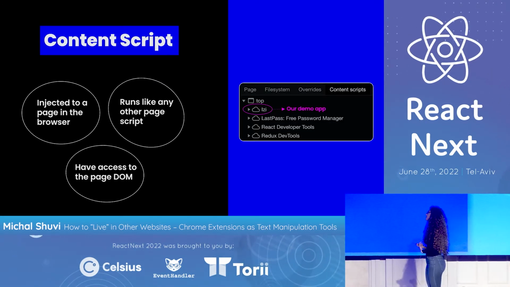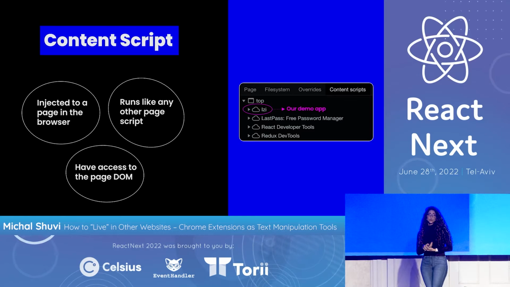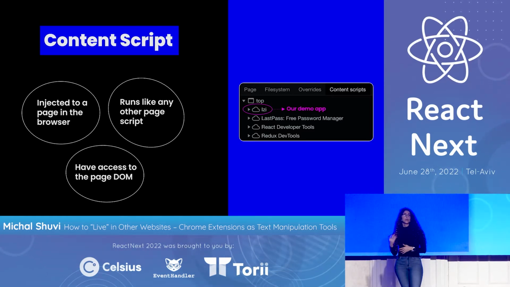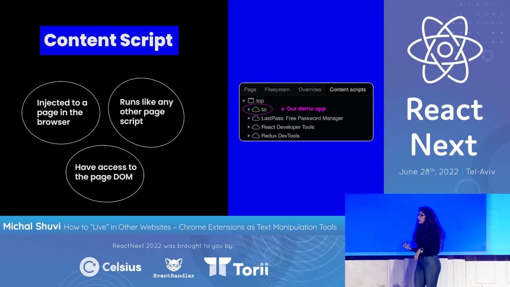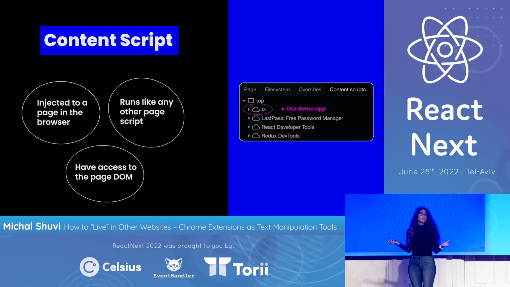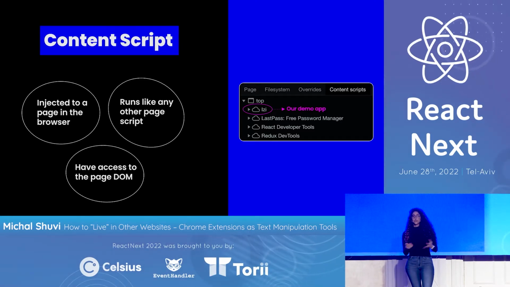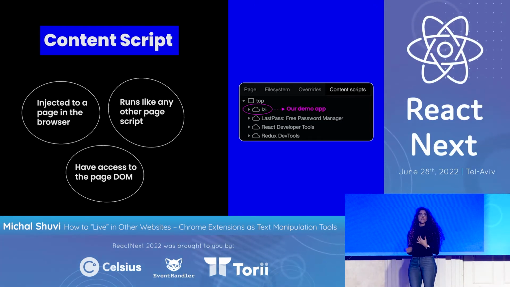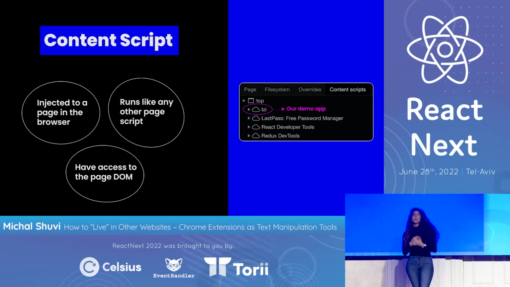So the content script. It's JavaScript code that we can inject into any page the browser loads. These scripts run like any other script the web page has. And it can read the DOM, it can modify it, it can do absolutely anything you can do in this page.